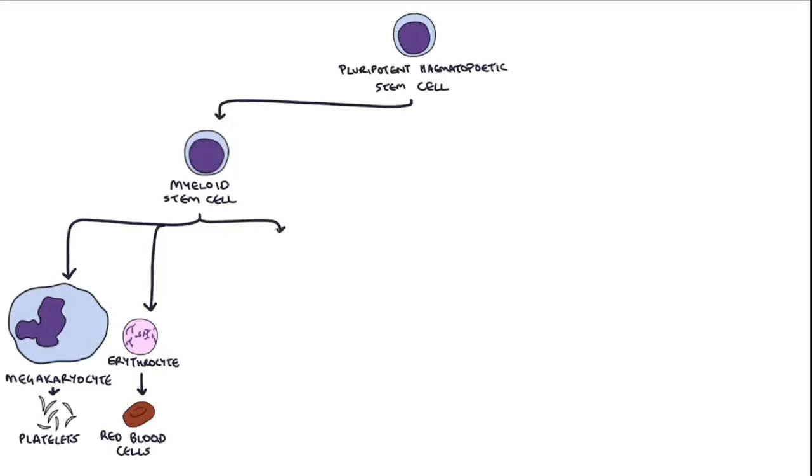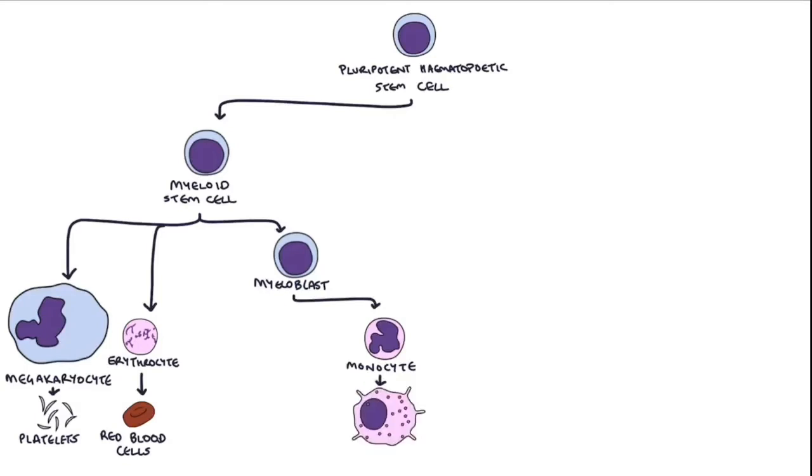So alternatively, myeloid stem cells can become myeloblasts, and the myelo refers to the bone marrow and blast refers to immature cells. So these myeloblasts themselves then differentiate into other immune cells. So they can differentiate into monocytes, and these monocytes then become macrophages.